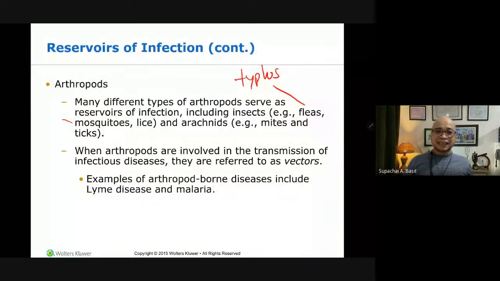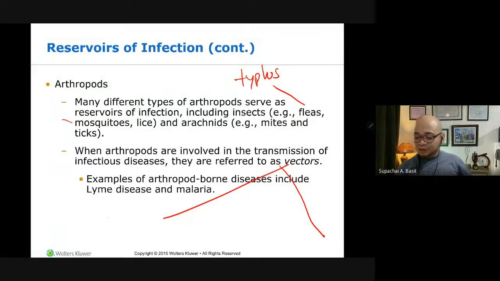Arachnids, different kinds of typhus fever. When arthropods are involved in the transmission of infectious disease, we call them vectors. And there are two types of vectors. Vectors could be biological, and the other one is mechanical.